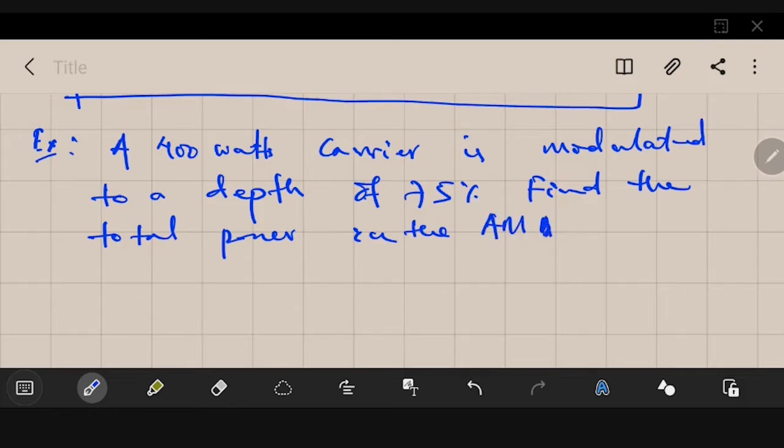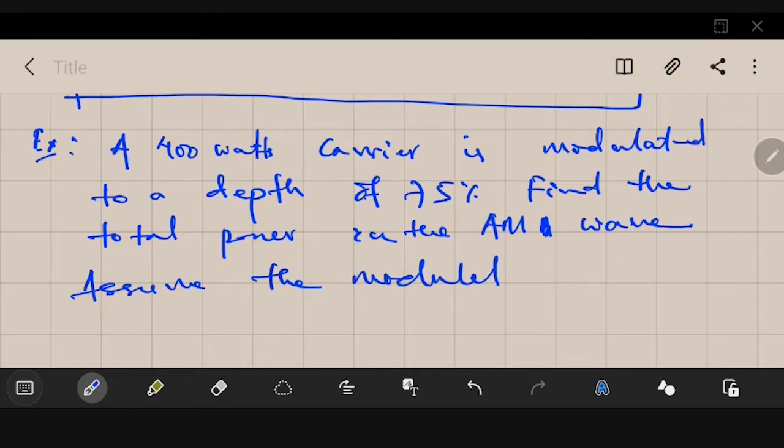Assume the modulating signal to be sinusoidal.